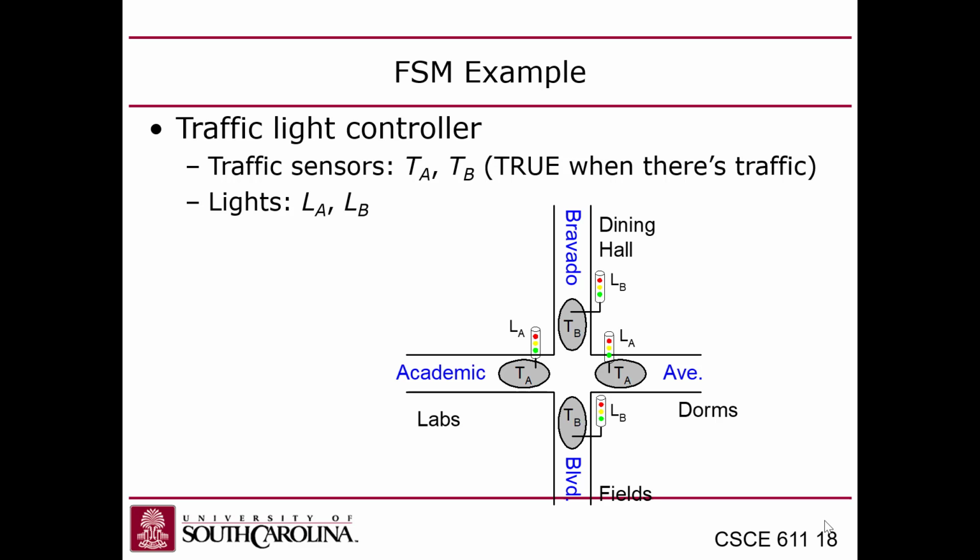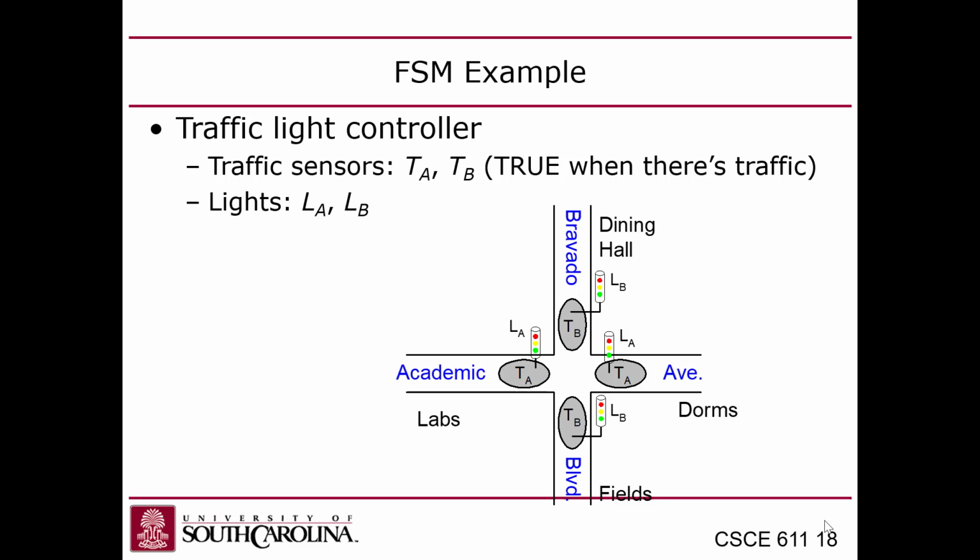You've got Academic Avenue and Bravado Boulevard, which are abbreviated just A and B. And there's this intersection, and you have this traffic light controller that will wait for all the traffic to flow through the intersection before it'll change the state of the lights. And when it changes the state of the lights, it goes through the yellow period as well, where it goes from green, yellow, and then red, right?